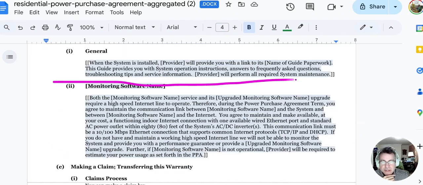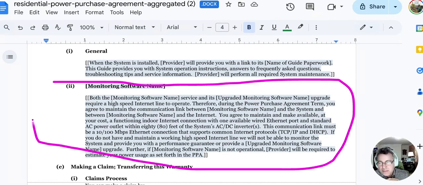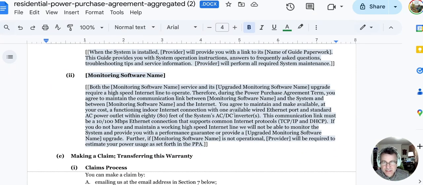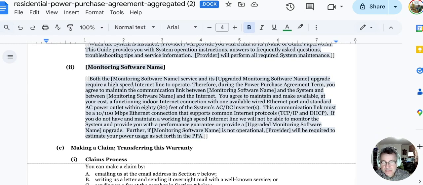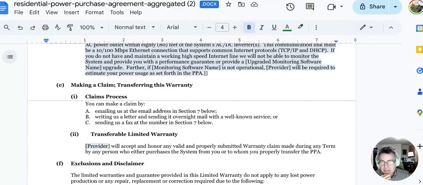And this is generic because different companies will use different monitoring software. And when you get this agreement, it will be tailored to whatever that software would be.